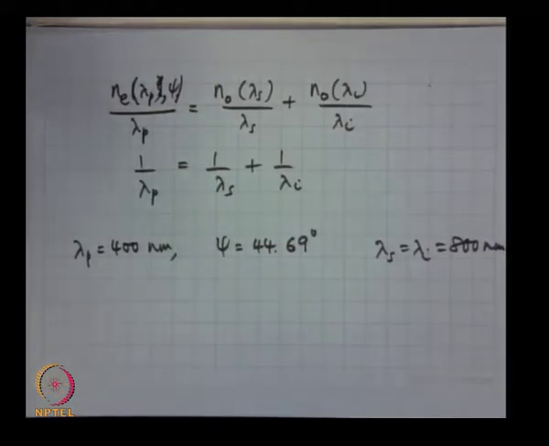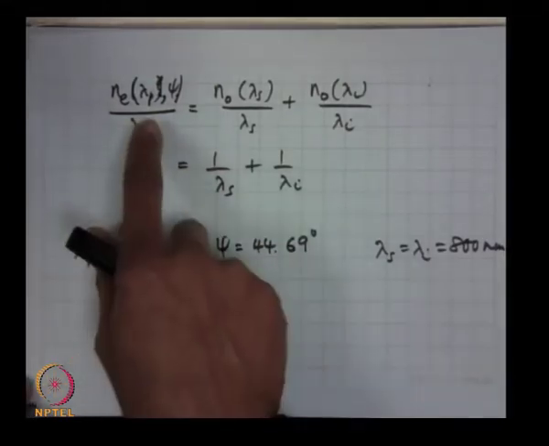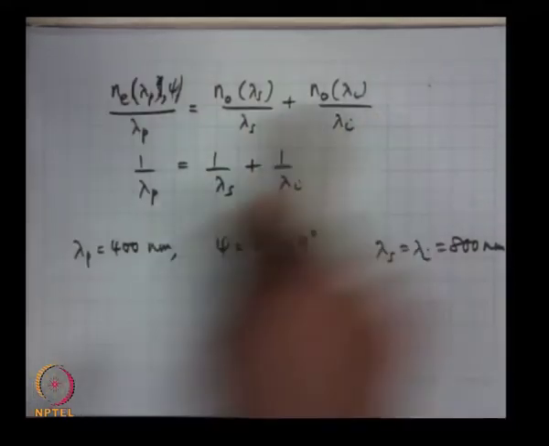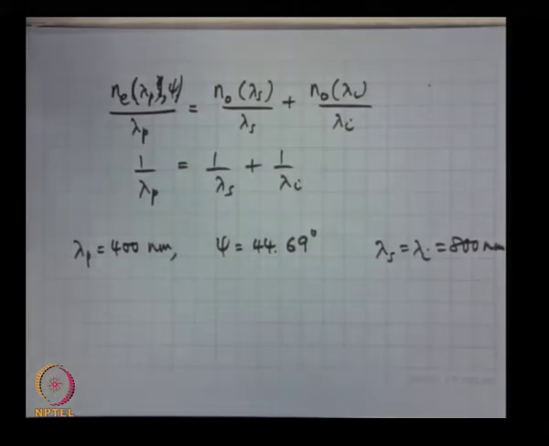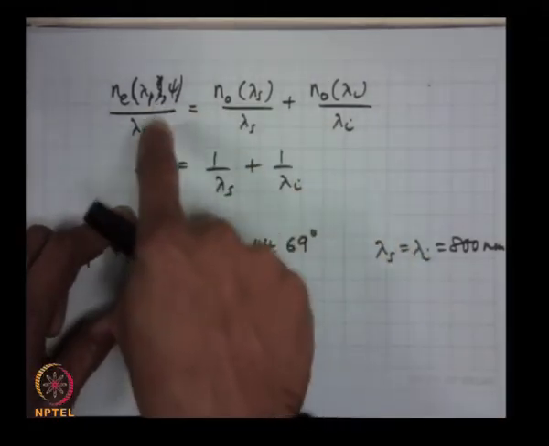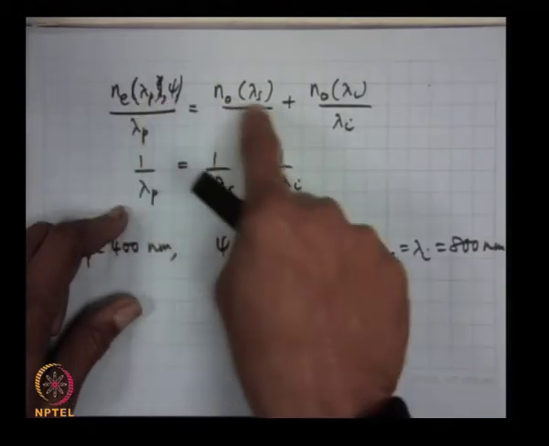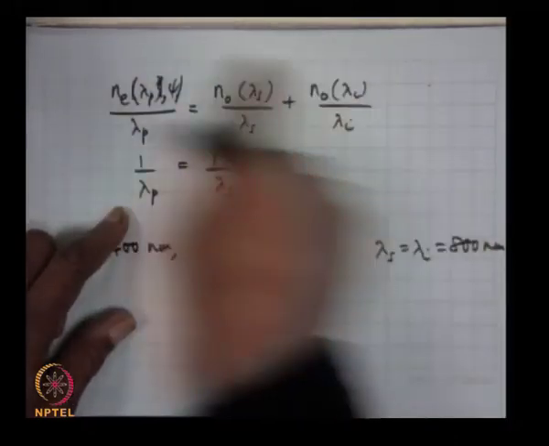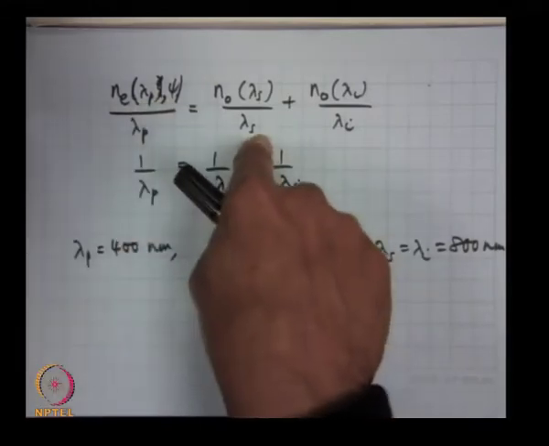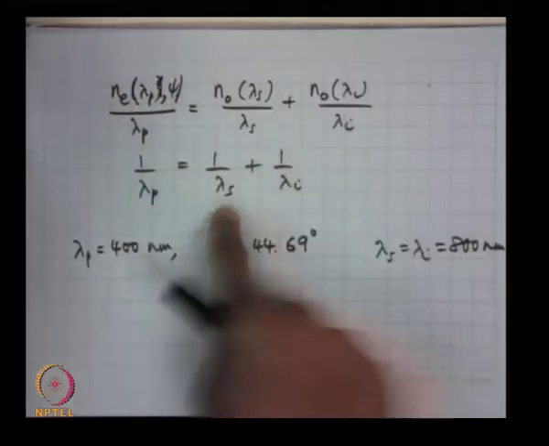So for a given value of lambda p and psi, I need to solve these two equations simultaneously to find the set of lambda s, lambda I which satisfies both. There will be only one set, because if I replace lambda I, this equation will contain lambda p, psi and lambda s only, and for a given lambda p and psi, this will give me one value of lambda s, and that value of lambda s substituted here will give me a lambda I value.